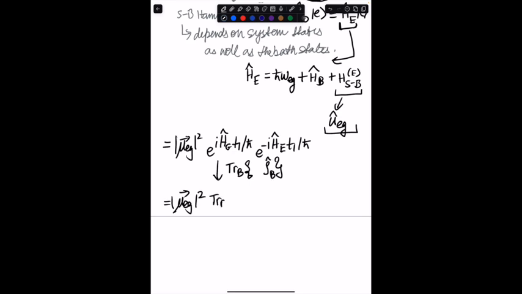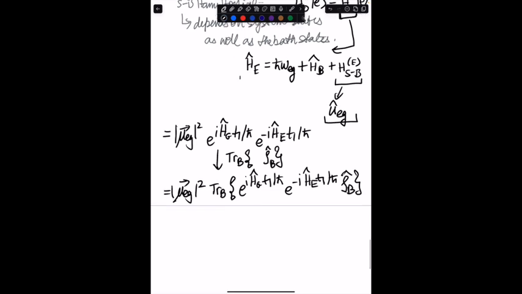So trace over the bath, I have e raised to power i HG t1 upon h bar, e raised to power minus i HE t1 upon h bar, and then the bath equilibrium operator. So now I'm going to use this before I proceed, so it simplifies things, and then I will remove my system component from it. So here I'll get the e raised to power minus i omega Eg t1 out, because all the evaluation with respect to the system states is complete.